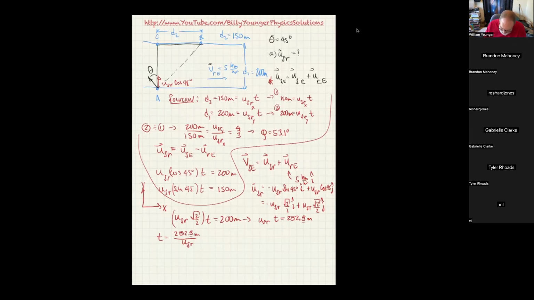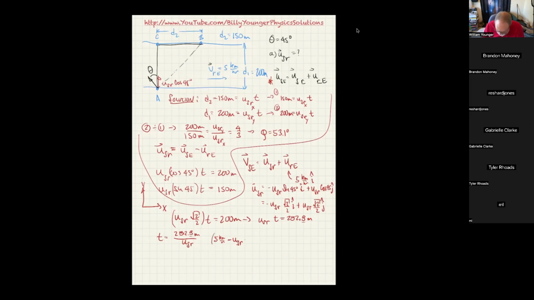Now, what I also need is that component of velocity that is parallel to the stream, the one that goes to the left. I need that to take the same amount of time to go a distance of 150 meters. So now I'm going to say U_SR. Now that's the velocity to the left, but the total velocity, of course, is going to be 5 kilometers per hour minus that, because it's trying to fight by going to the left, but the 5 is constantly pushing it to the right.